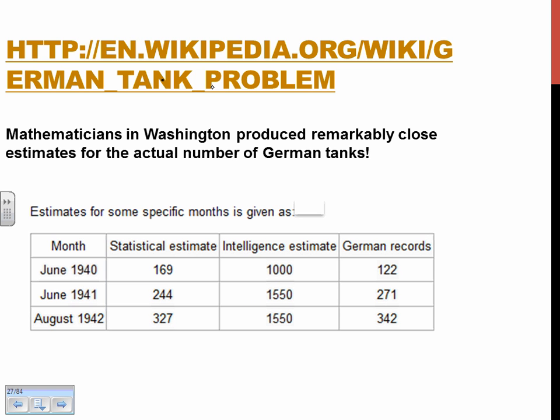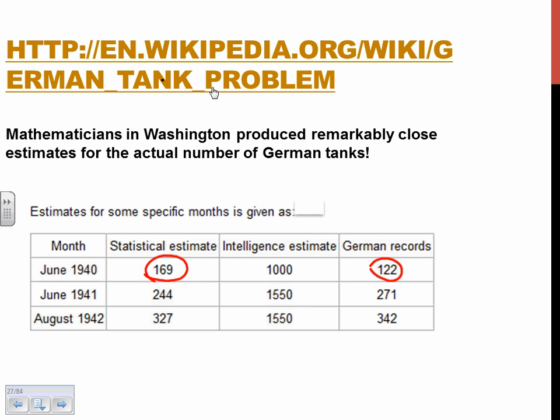So this was one thing that actually happened, that they found: the statisticians or the mathematicians estimated 169, and the intelligence people estimated 1,000, and there were actually 122.